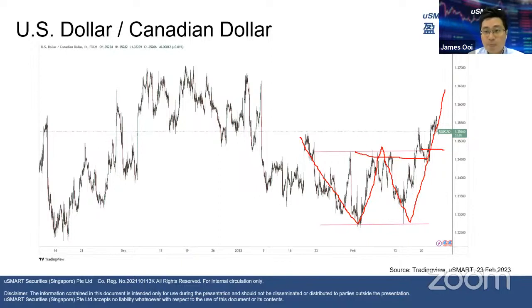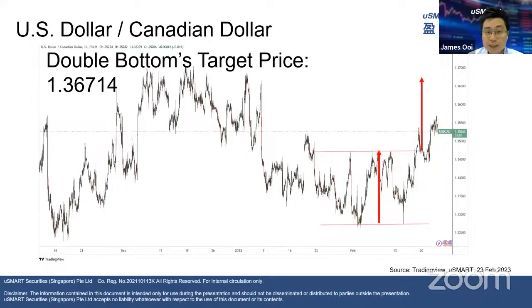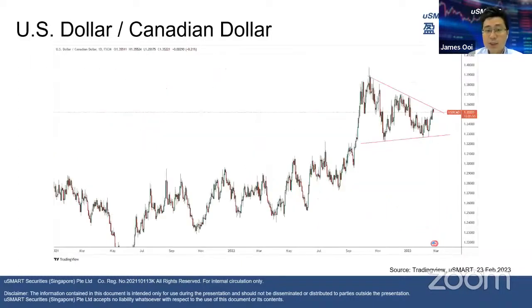So this is why I'm constructive that it will go higher. And the double bottom target price is 1.36714, and if fortunately it really goes up to 1.36714 and hits the double bottom target, my advice is once it hits, you probably would like to hold on to your long position even longer.